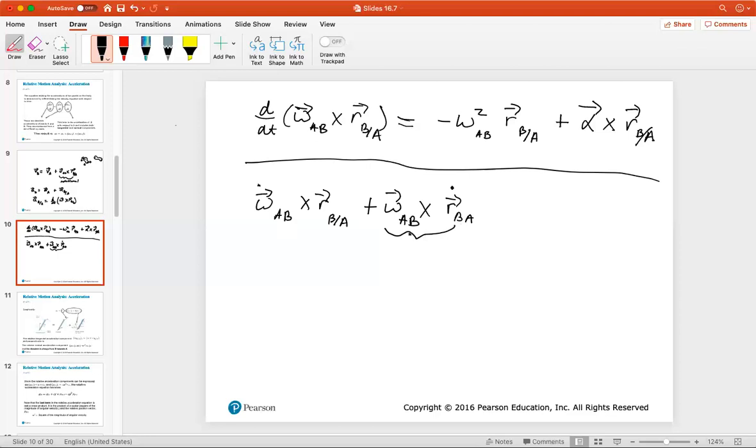Sorry, but this vector here was just a rotation. And so the derivative means this is nothing other than omega AB cross R B slash A. The relative vector was a rotation vector. And so then you need to take a derivative on that.